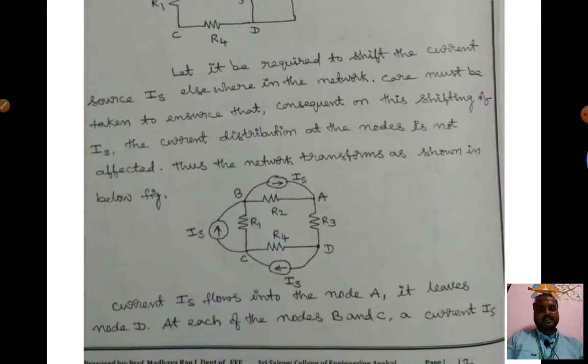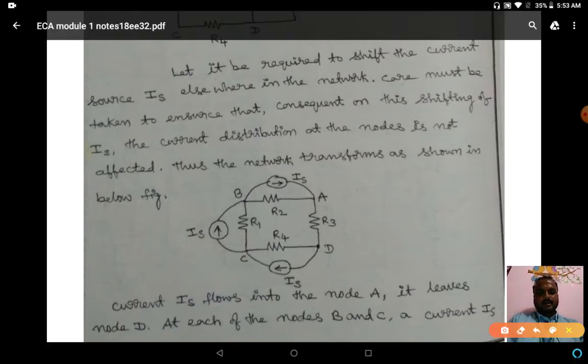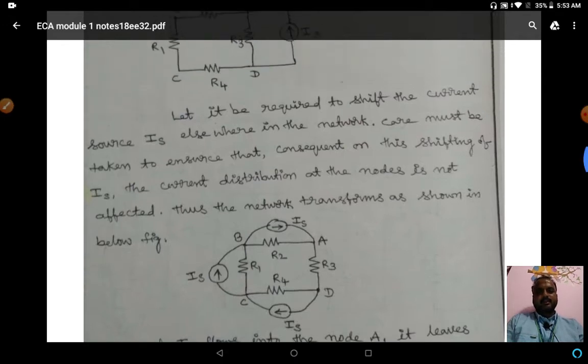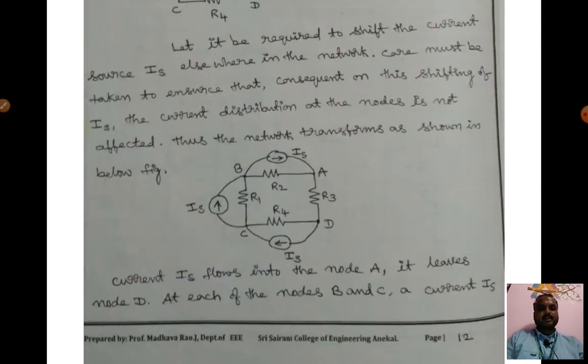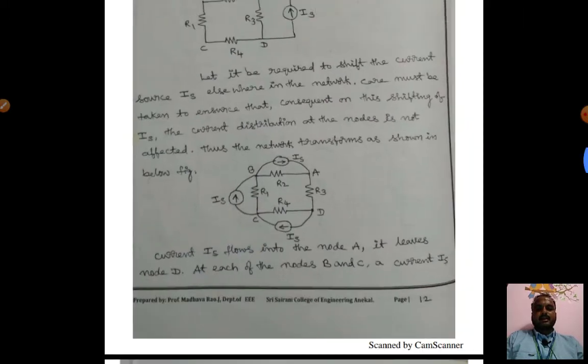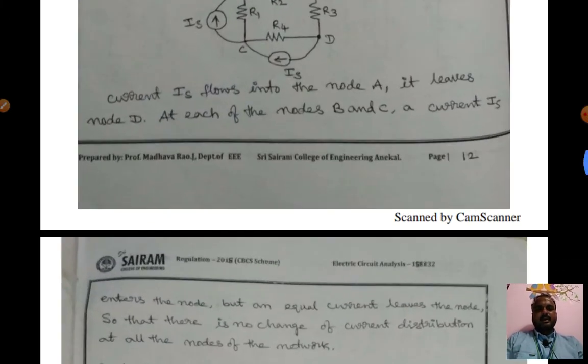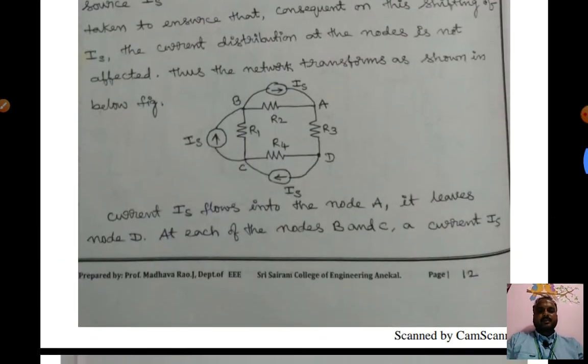Always, at the junction, the current should be equal, so we have to take care of that. After converting current sources in different places, at any place the current should be the same. Like that we have to distribute the current sources, and the current in this circuit should not be affected. Okay, so like this we are converting.